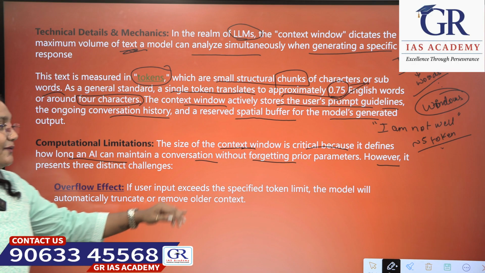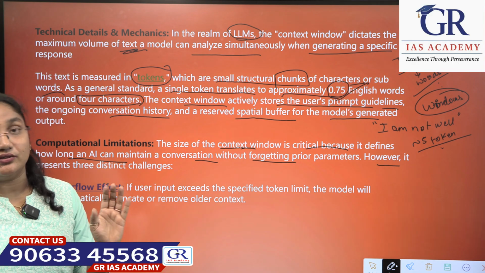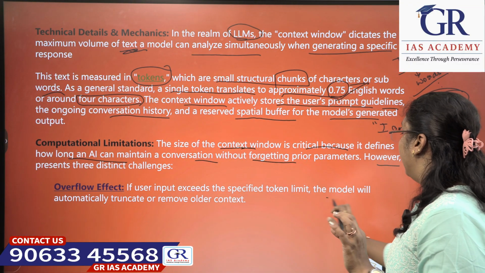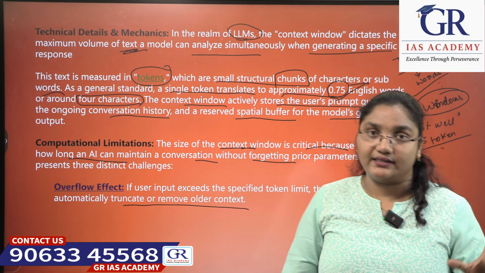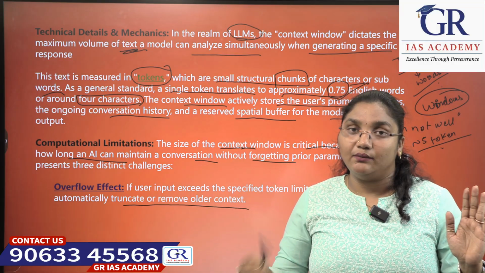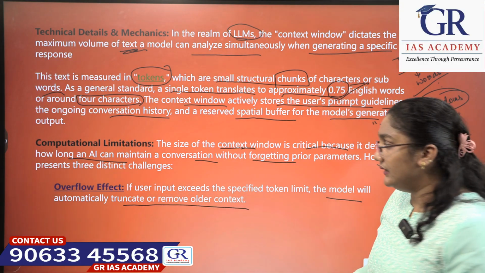If user input exceeds the token limit, what happens? The model will automatically truncate or remove older context. The older context will be deleted due to exceeding the token limit.